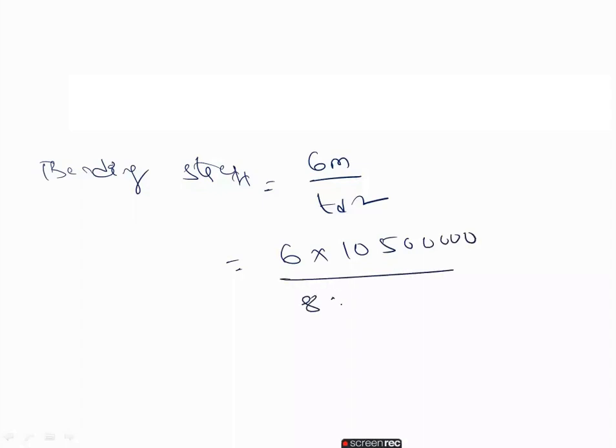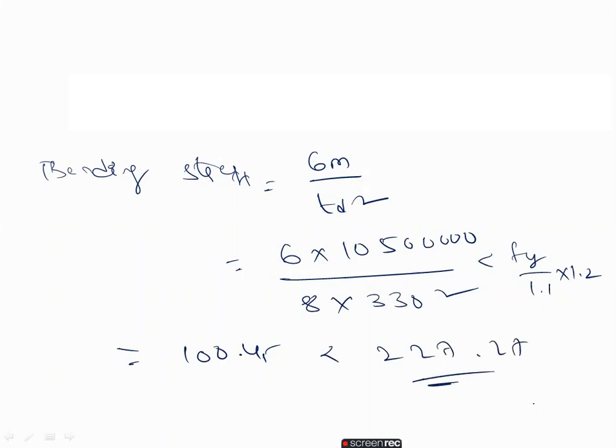Thickness is 8, D is 330. It should be less than or equal to Fy by 1.1 into 1.2. So the value is 100.45, which is less than 227.27. Hence it is okay. So we are simply substituting all the values. The end plates satisfy these requirements since it is deeper.